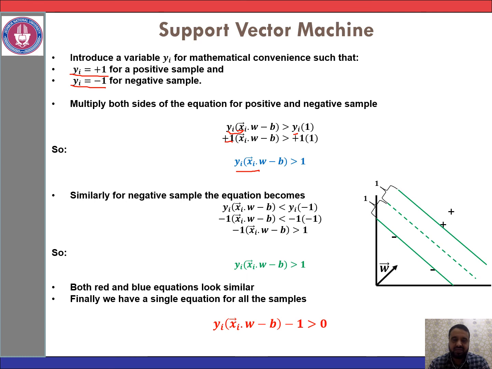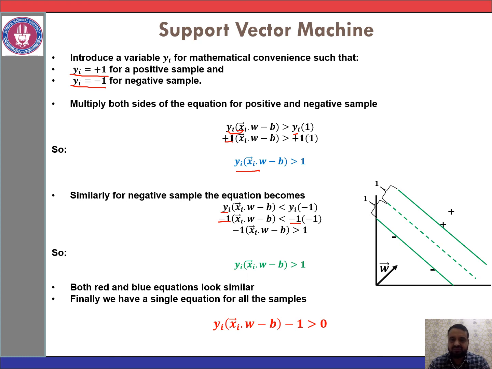Now we will multiply yi for the negative sample. Here we multiply yi on both sides of the equation of the negative sample, and as we know yi is equal to minus 1, we replace yi with minus 1 here and here.